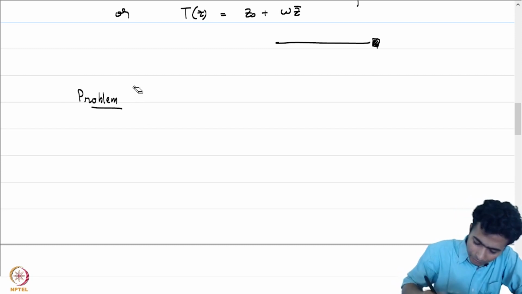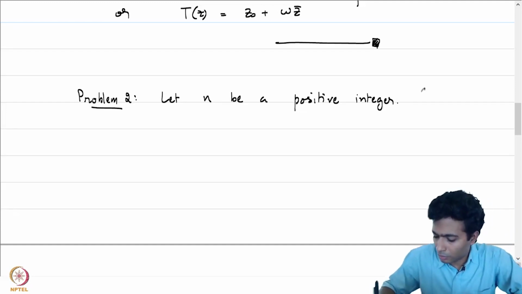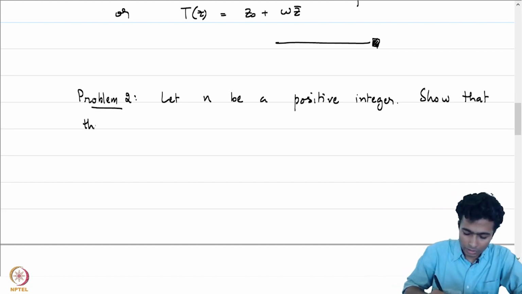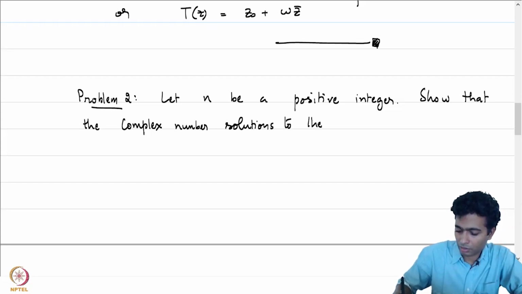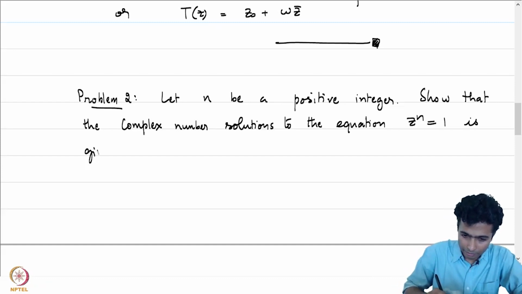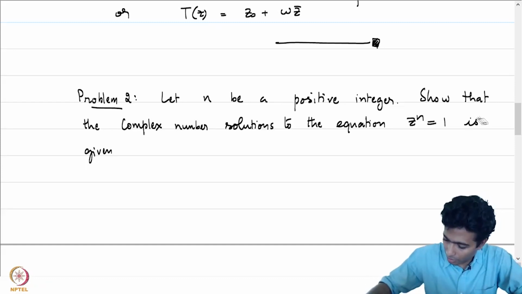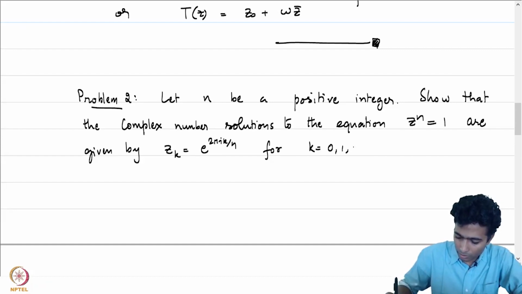So let n be a positive integer, so that the complex number solutions to the equation z to the power n is equal to 1 are given by z_k equal to e to the power 2 pi i k by n for k equal to 0, 1, 2 up to n minus 1.